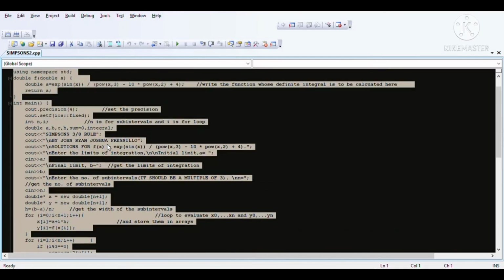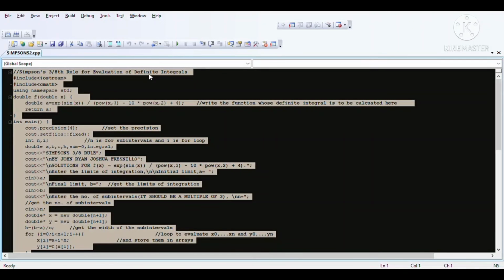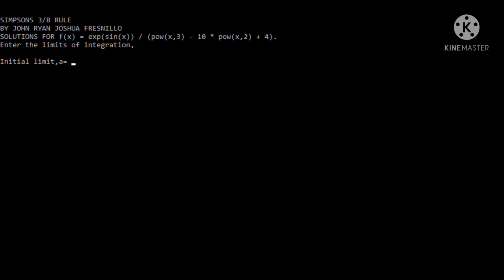So we will run this so we can check if it's the same as what we computed in Excel. This is our program code for the C++ Simpson's 3/8 rule by my name.